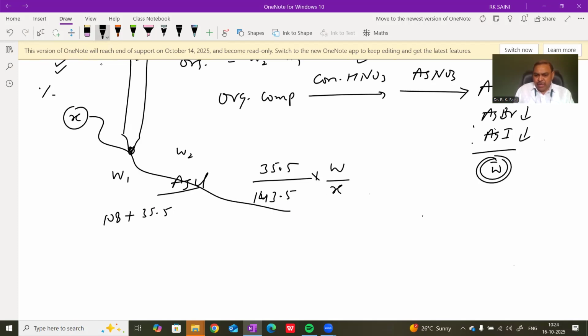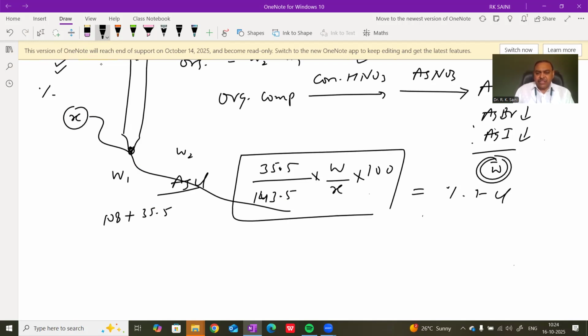The percentage of chlorine in organic compound is calculated with the help of this formula. W is the dry weight of AgCl, and X is the weight of organic compound, multiplied by 100. Then we find the percentage of chlorine in this compound.